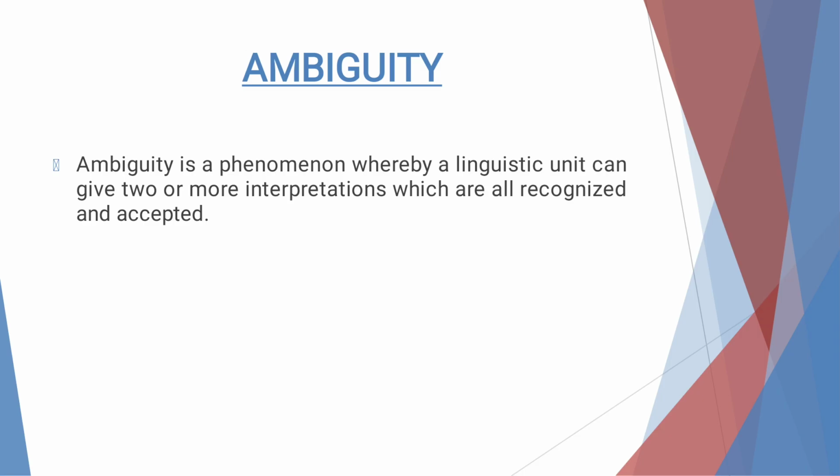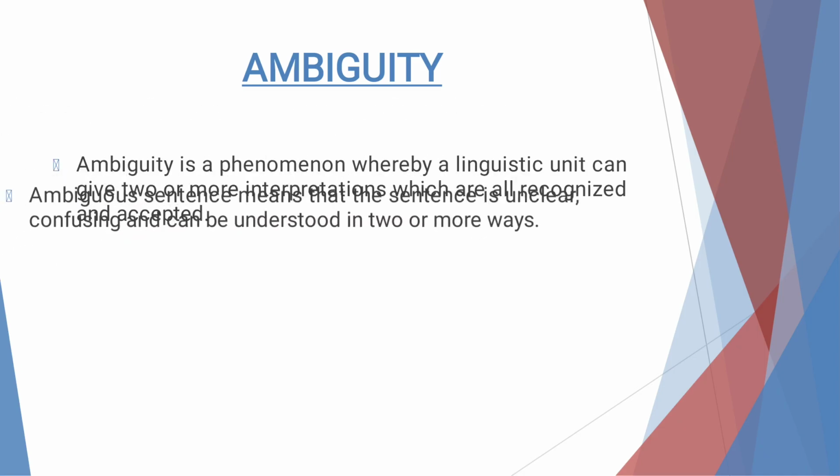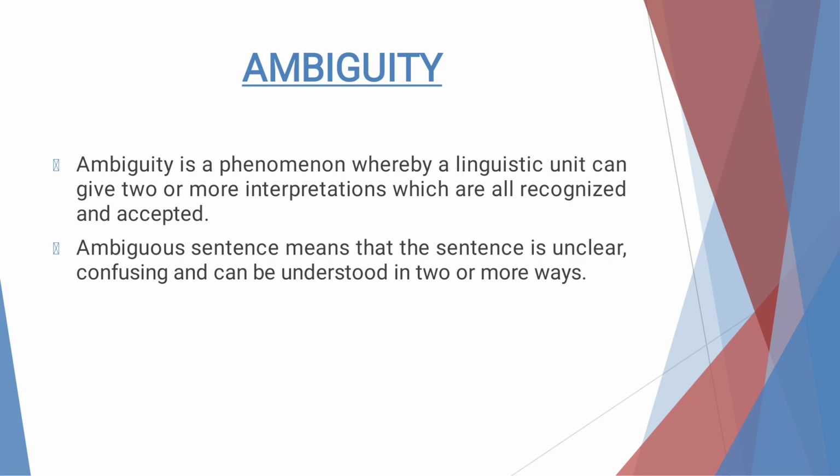And all these interpretations are recognized and accepted. So we are saying that ambiguous sentences means that the sentence is unclear. It is confusing and can be understood in two or more ways.